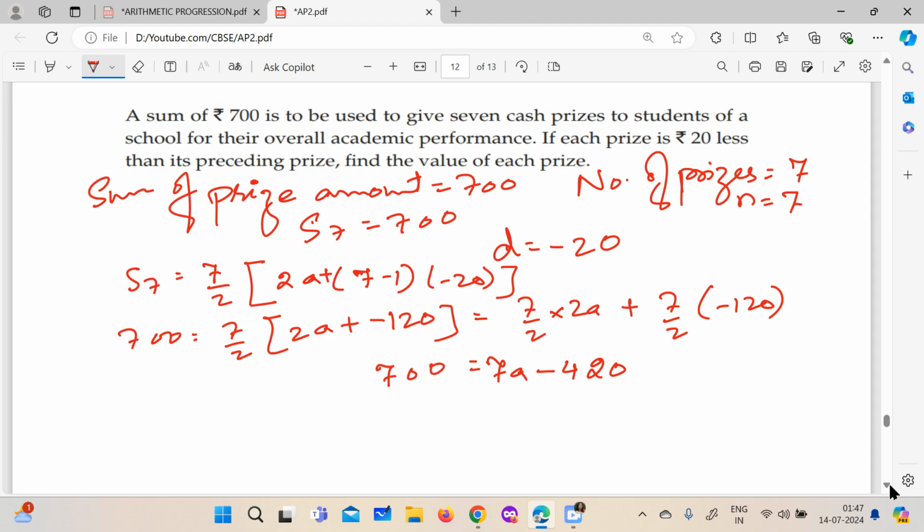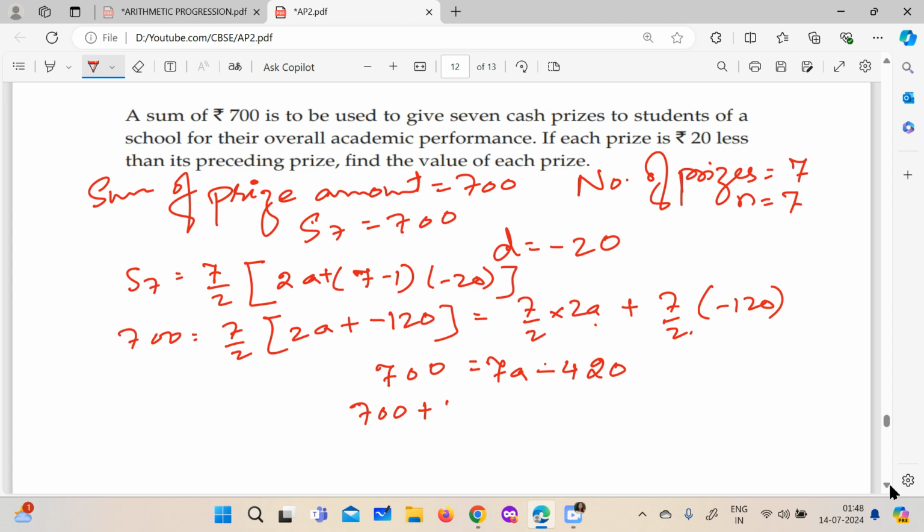So yeah, you can get the value of a now. Here 7 over 2 times minus 120 will be minus 60, and minus 60 into 7 will give you minus 420.